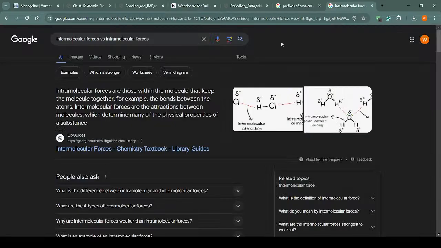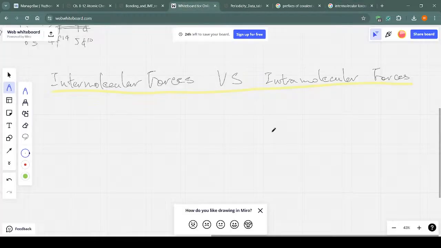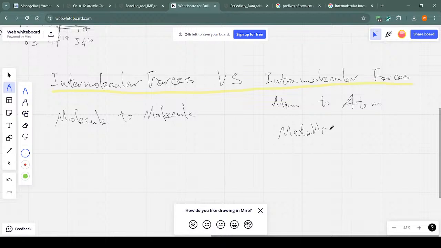Intermolecular forces. Intra are those within, so this is atom to atom, and this is molecule to molecule. So atom to atom, there's metallic, there's covalent. Wait, I forgot what they're called. Covalent bonds, non-metal bonds.